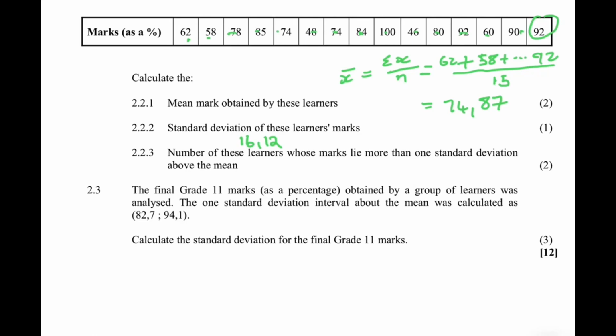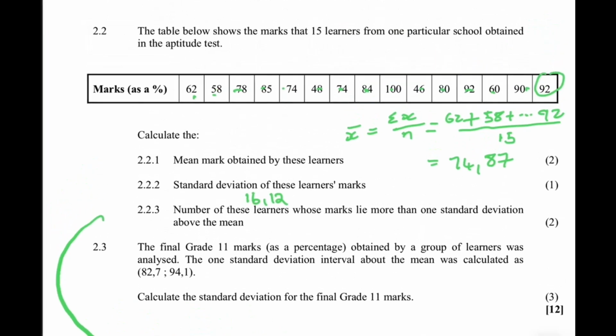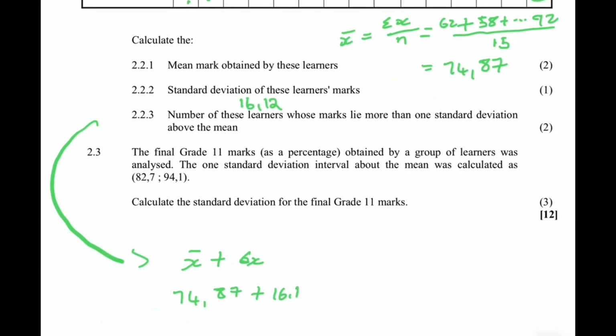And then 2.2.3 says calculate the number of these learners whose marks lie more than 1 standard deviation above the mean. So let me just write it here. We have the mean plus the standard deviation, right? So we want the marks that lie 1 standard deviation above the mean. So we have 74.87 plus 16.12, and this will give us 90.99.